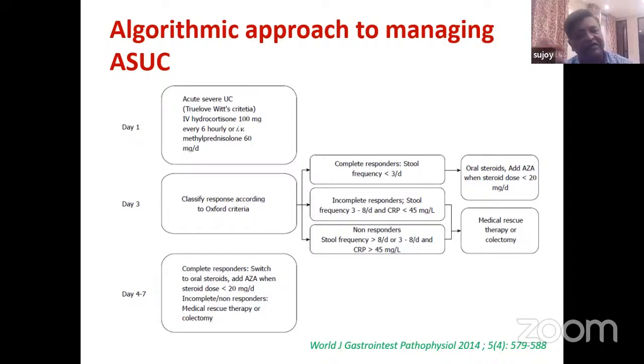If there is a response, then the treatment is continued and the patient is spared a colectomy. But at the end of the 7 days, when the combined medical rescue is also not working, at that point it is the right time to decide whether we should contemplate surgery, and probably a second medical rescue does not have a role. So you're looking at a window period of around 7 to 10 days from the index steroid therapy in such an acutely ill patient.